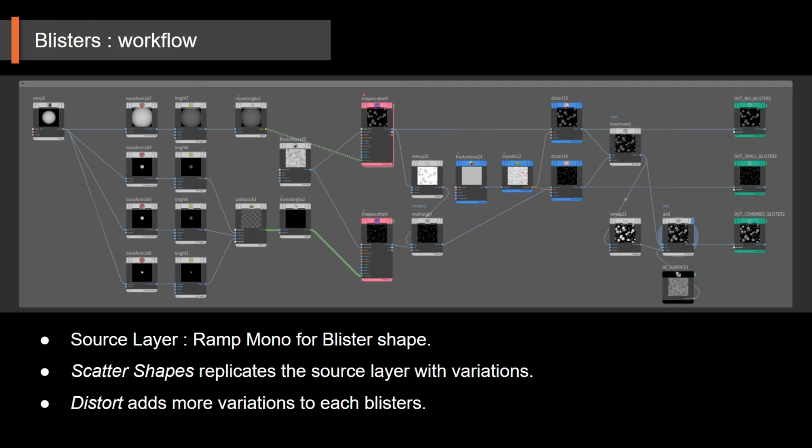So I used ramp mono to make a hemisphere-like height layer. So this is my source image, and with some variations, I used the scatter shapes, and then I added a distort node. That's because the source layer looks so uniform, so I wanted to add some deformations.